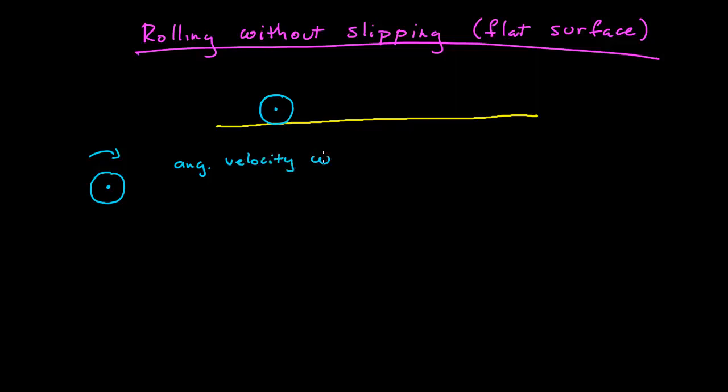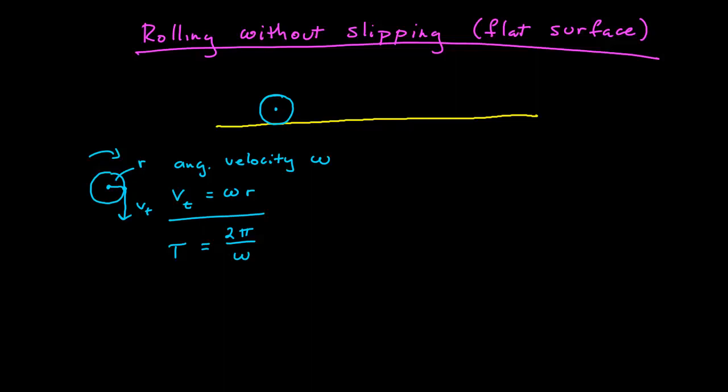Angular velocity omega. If I look at some point on the surface, it has some tangential velocity that's equal to the angular velocity times the radius of the cylinder. And I know that the period necessary for one complete rotation is given by 2 pi over the angular frequency for constant motion.